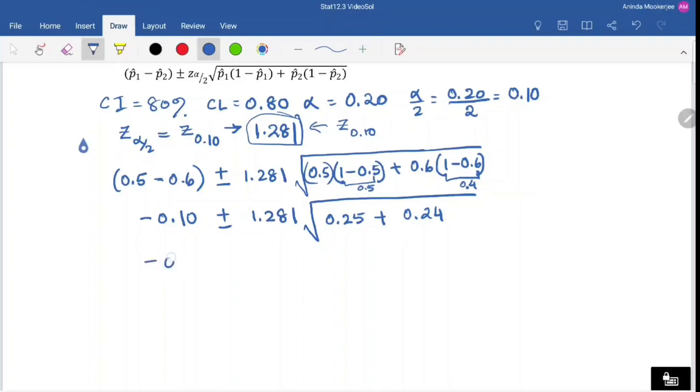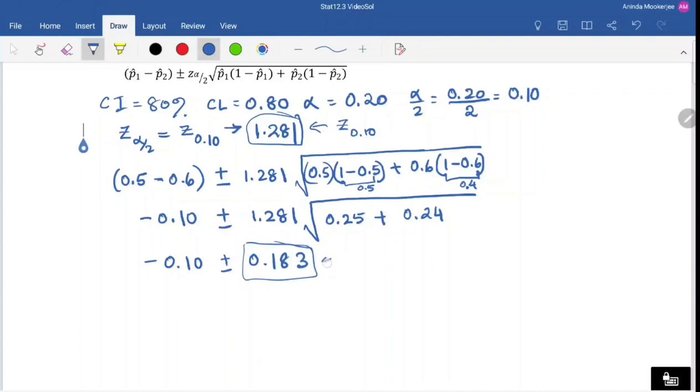When we complete this, we get a margin of error: 1.281 times the square root of 0.49, which is 0.183.